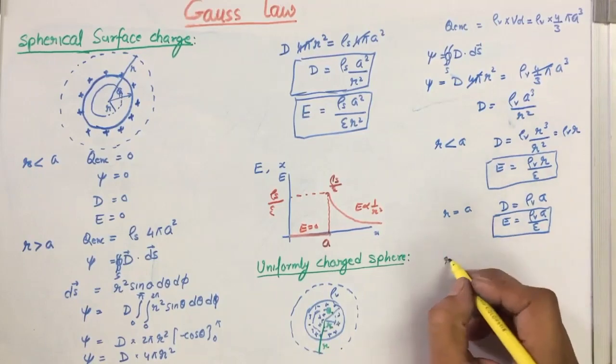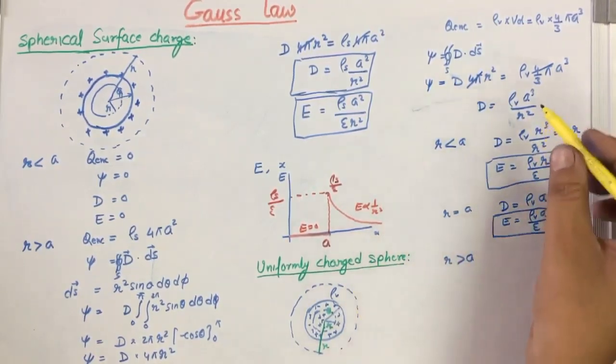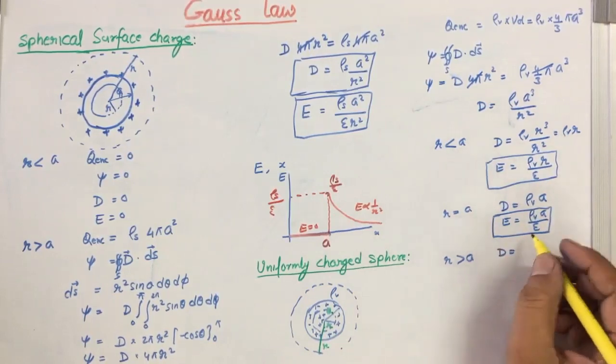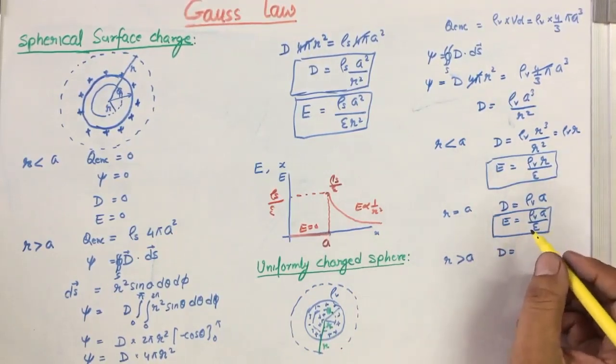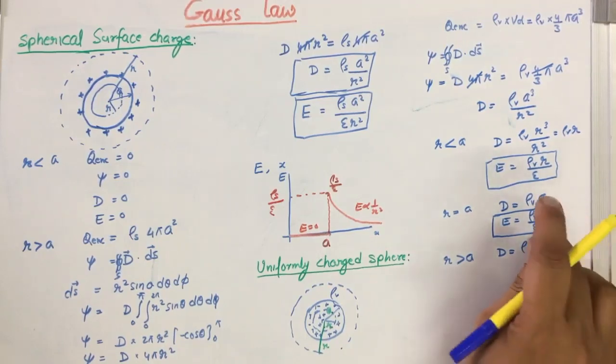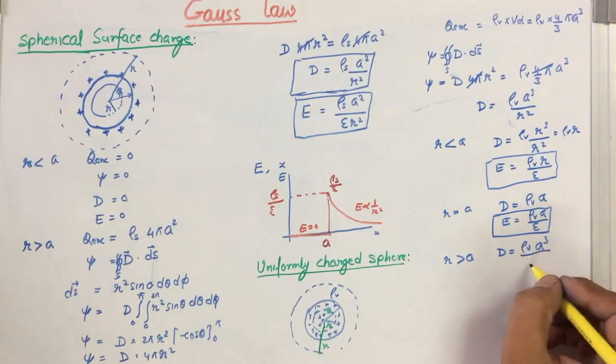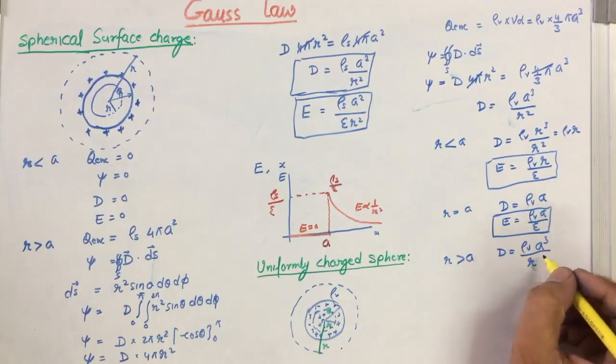Okay, if r is greater than A, outside, then D will be rho v A cube by r square.